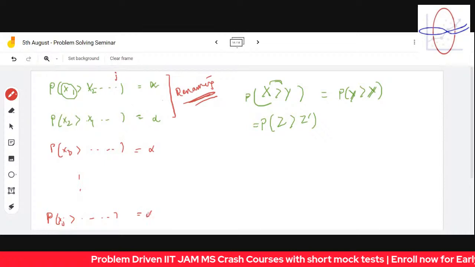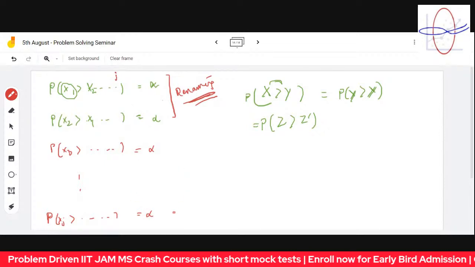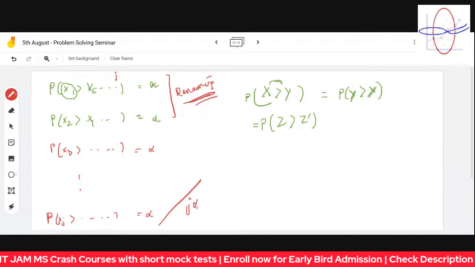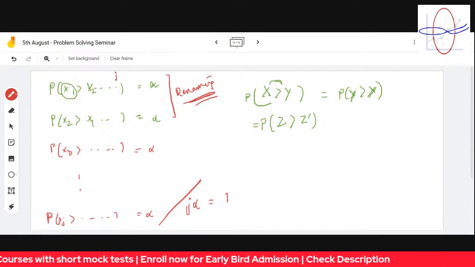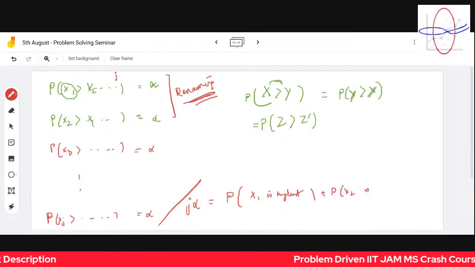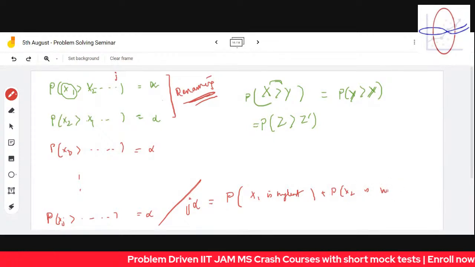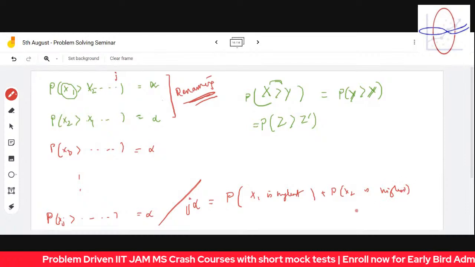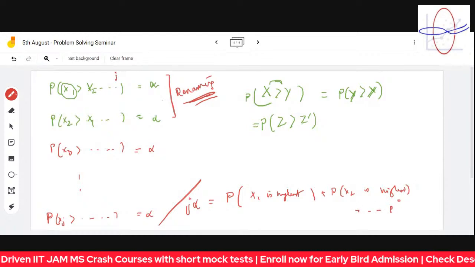This is all alpha. Now the sum of all this will be j alpha. The right hand side will be the probability x1 is highest, plus the probability x2 is highest, plus the probability xj is highest.